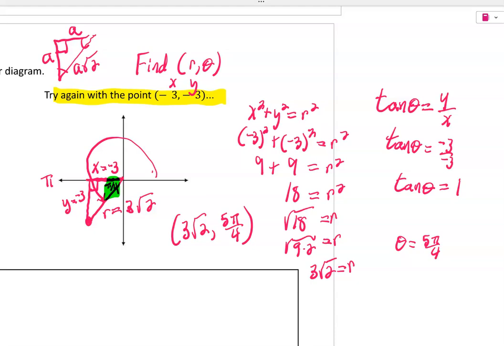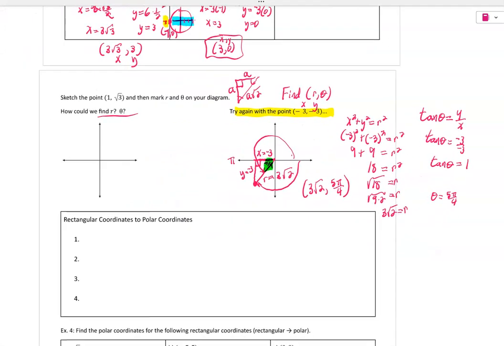You know, you could have like 3 root 2 and then negative 3 pi over 4, right? It's actually what you'd come up with if you'd subtract 5 pi over 4 minus 2 pi, or you could just deal with the negative direction here. Could also have gone to the opposite quadrant.